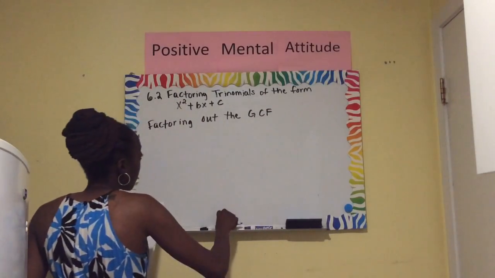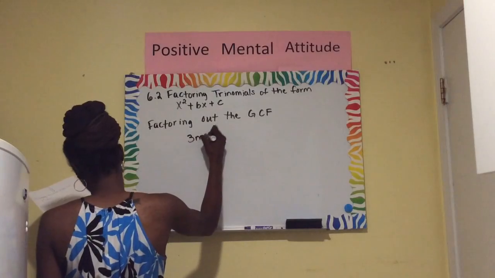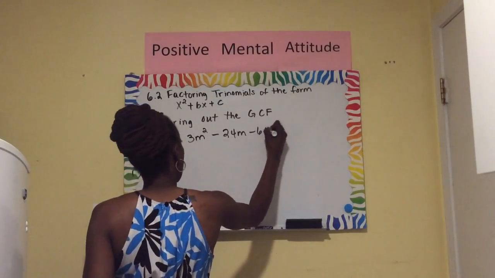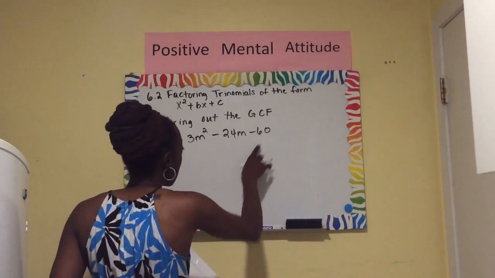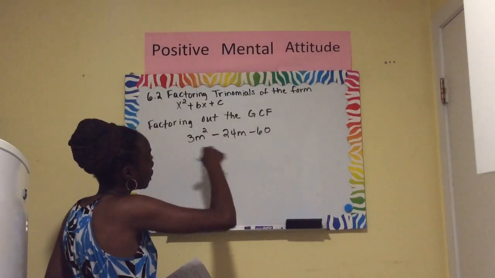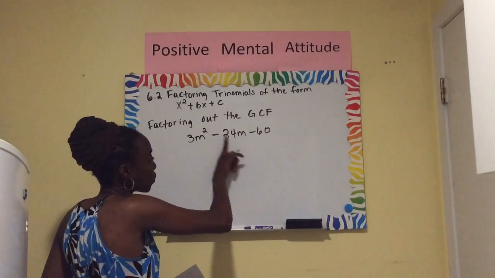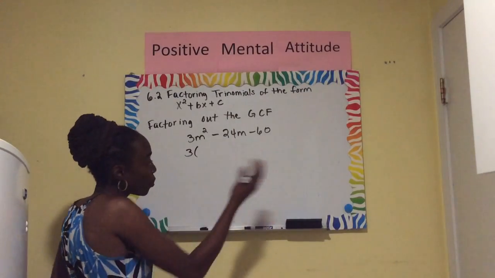Now, when it asks you to factor out the GCF, the first example problem we have is 3m squared minus 24m minus 60. So when it's asking you in this section to factor out the GCF, you want to see what you have in common between each one. In this case, it's only a 3. So you'll pull your 3 out.